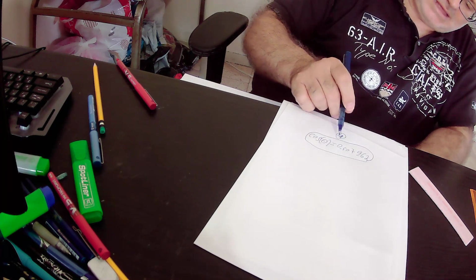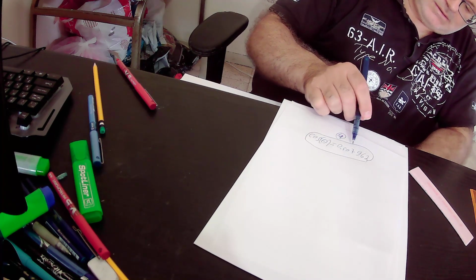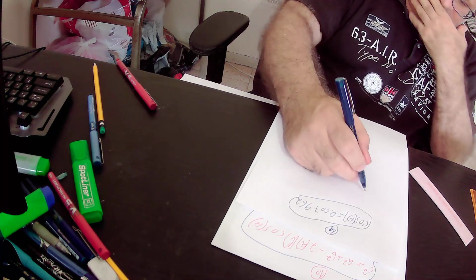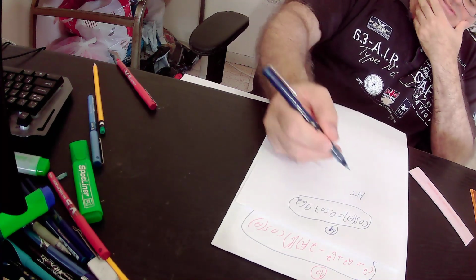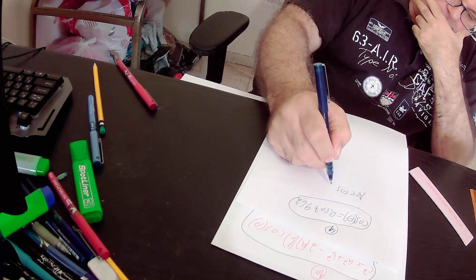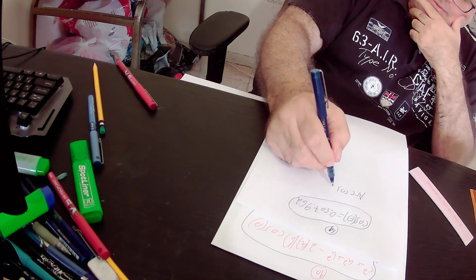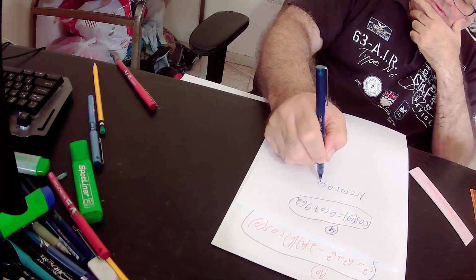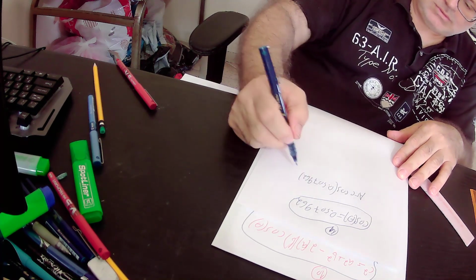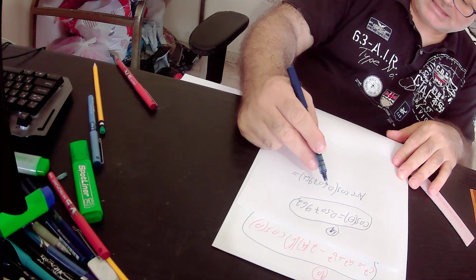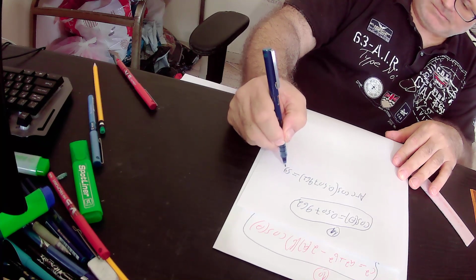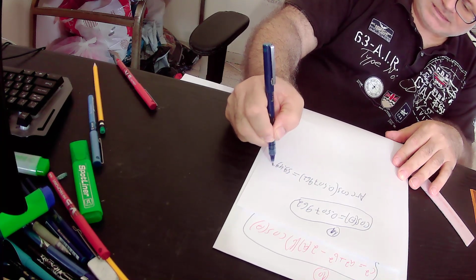We can say that arc cosine of 0.507962 equals theta, and theta equals 59.49 degrees.